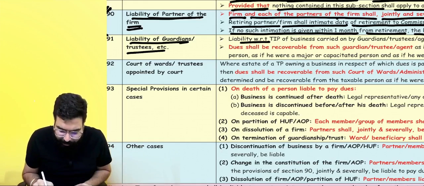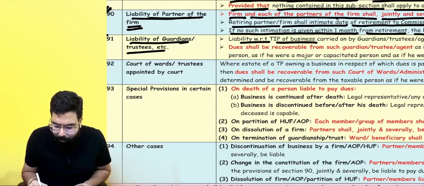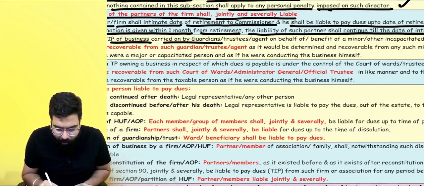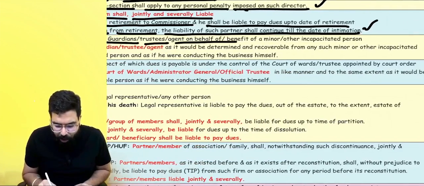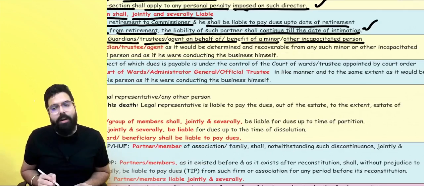It says liability with respect to tax, interest, penalty of a business carried on by the guardian or trustee on behalf of or for the benefit of a minor or incapacitated person.